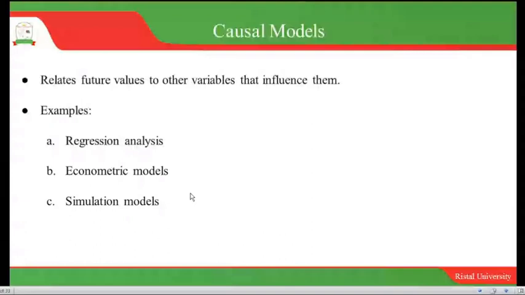For example, regression analysis. We are saying this statistical technique we are calling regression analysis is going to identify various relationships between variables, and then we use them to predict future values of a dependent variable.